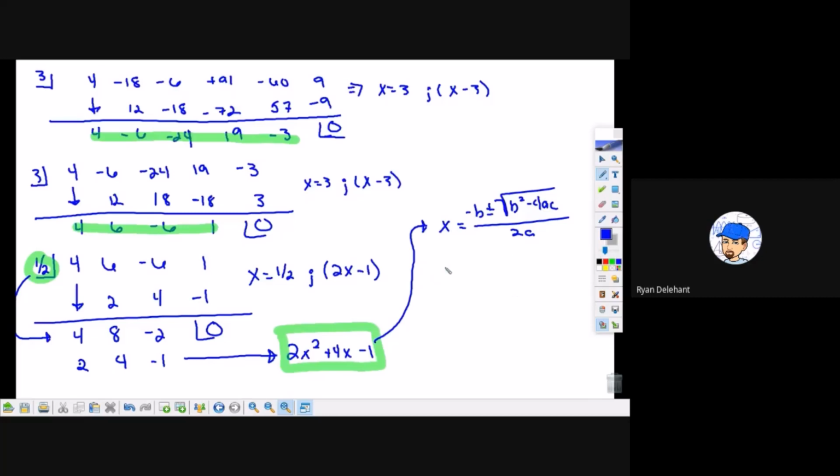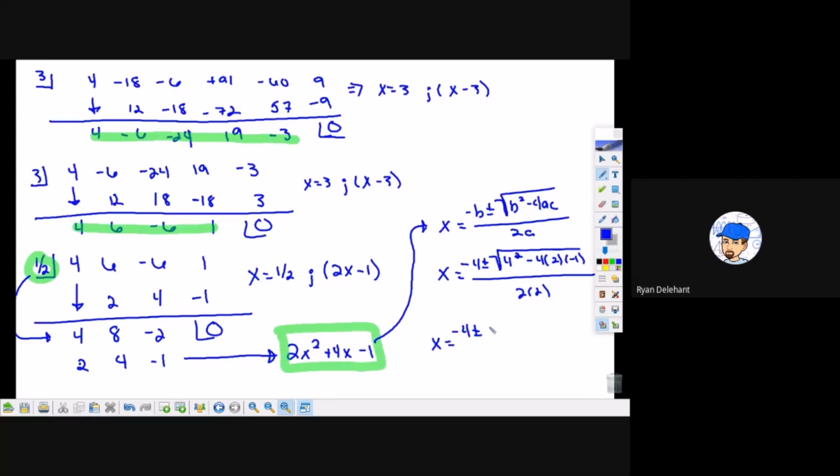So we need to plug in these numbers. So we have -4 plus or minus the square root of 4 squared minus 4 times 2 times -1, all divided by 2 times 2. So we get -4 plus or minus, let's see, that's 16 plus 8.